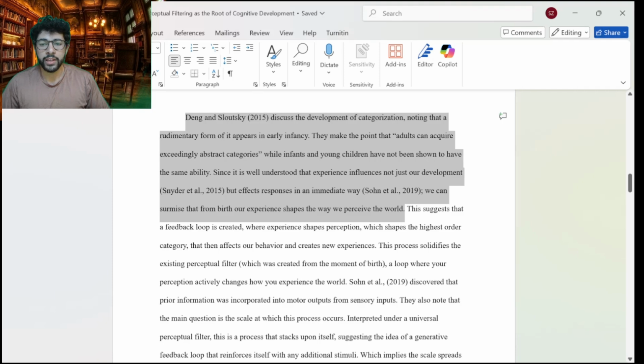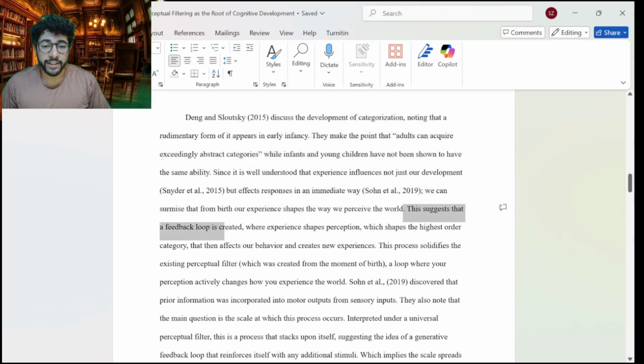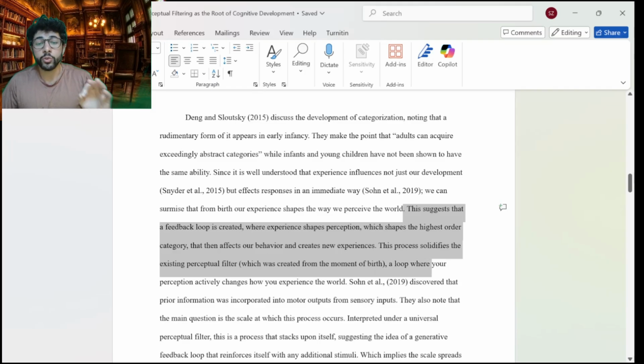So this suggests that a feedback loop is created where experience shapes perception, which shapes the highest order category that then affects our behavior and creates new experiences. This process solidifies the existing perceptual filter, which was created from the moment of birth or whenever your first memory or experience was, a loop where your perception actively changes how you experience the world.